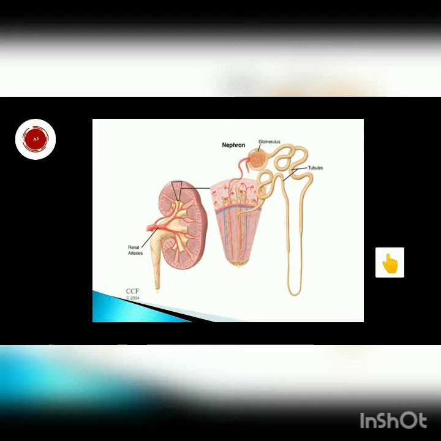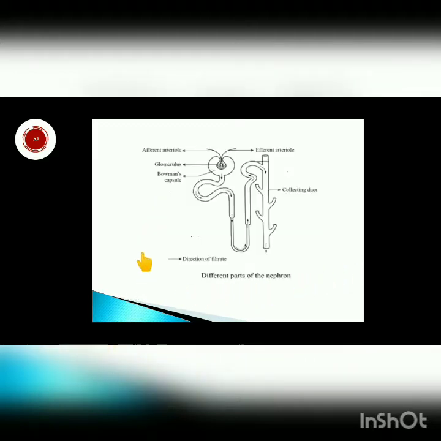Now see how my filter looks. This is a nephron. The head of my nephron is a cup-shaped structure, known as Bowman's capsule. This cup-shaped structure leads into a tubular structure, which is called the tubule.